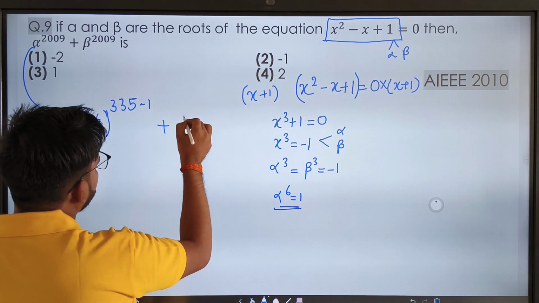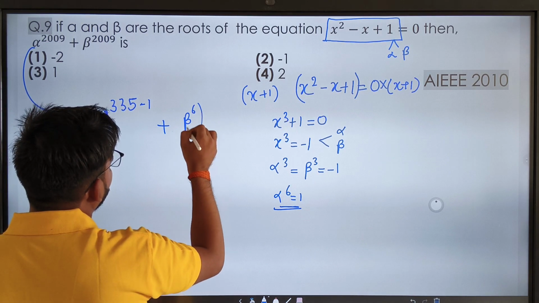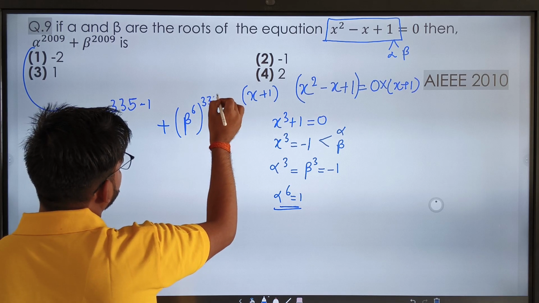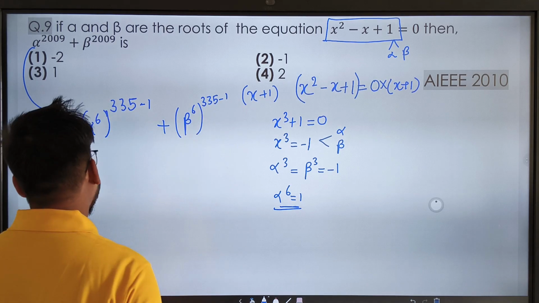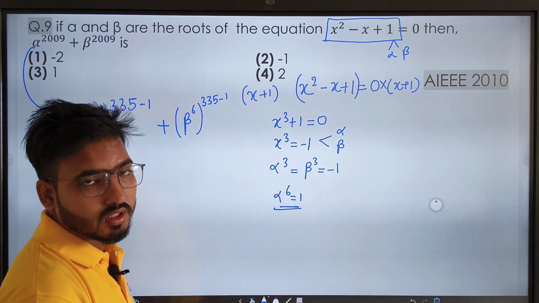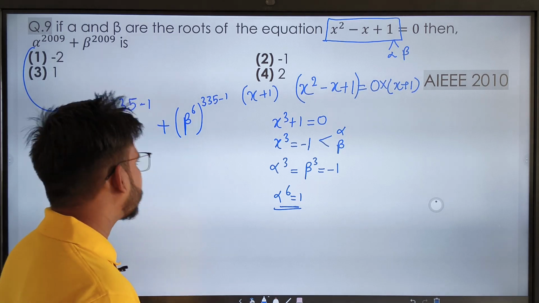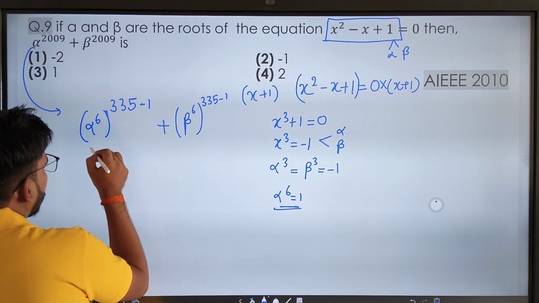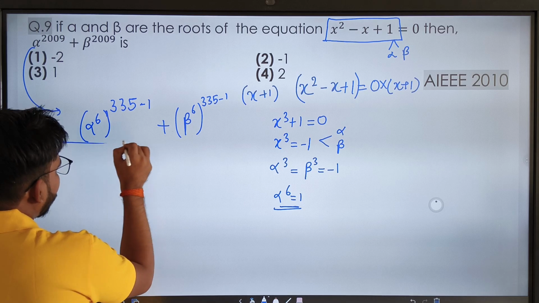In the same manner, I would write beta raised to 6 and 335 minus 1. Minus 1, how? 29, so I make it 30 and then minus 1. Okay, so its value is 1.